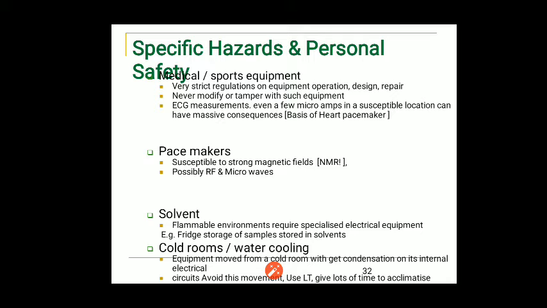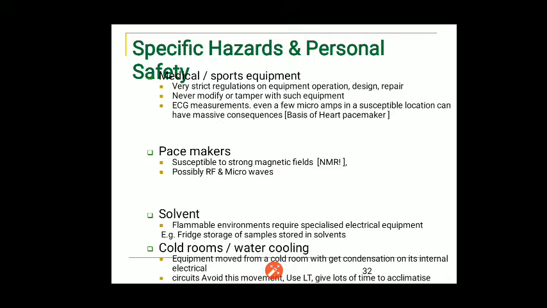Equipment moved from cold rooms will get condensation on its internal electrical circuits. Avoid this movement and use low tension and low voltage.